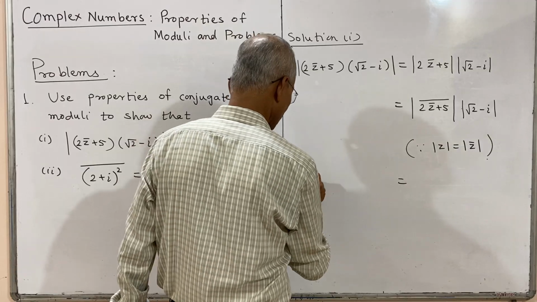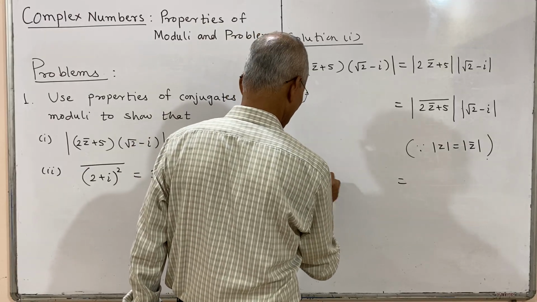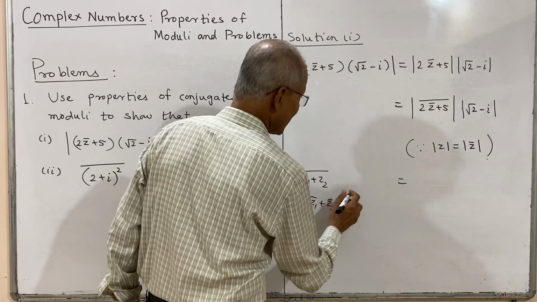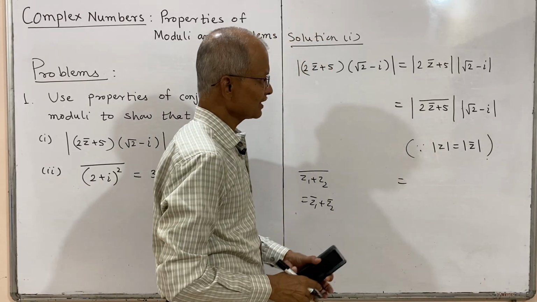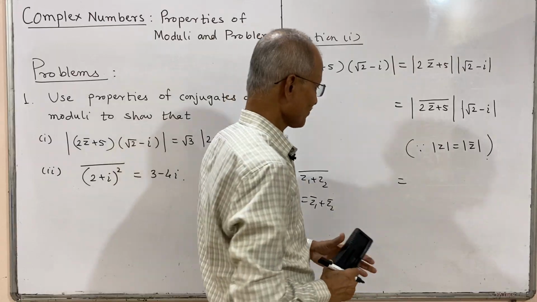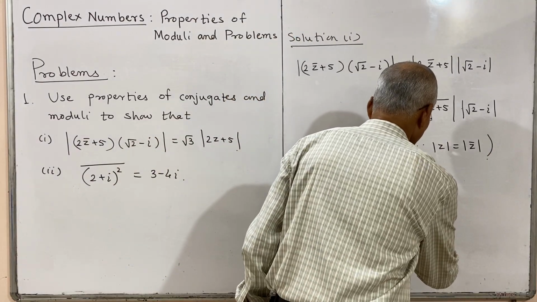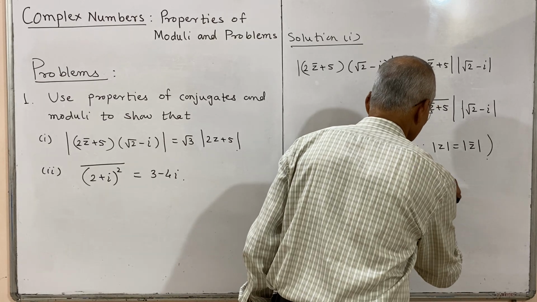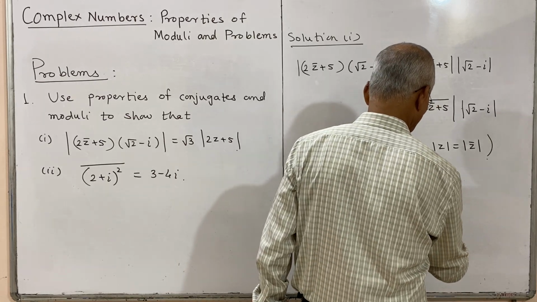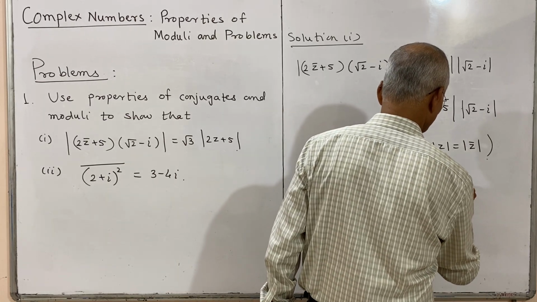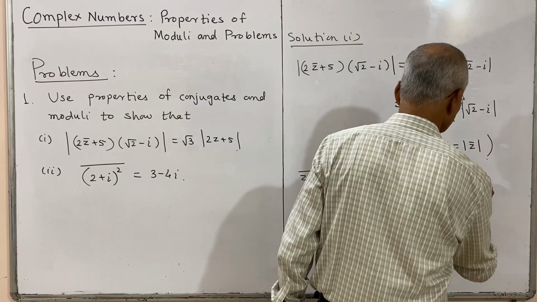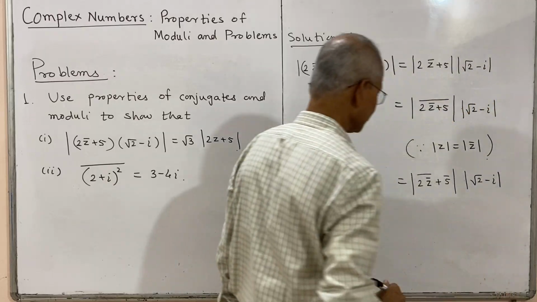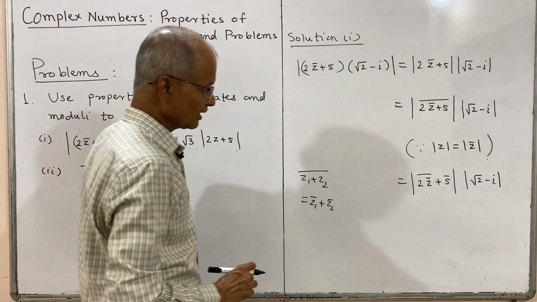Conjugate of z1 plus z2 is conjugate of z1 plus conjugate of z2, and for that we can write this as mod of conjugate of 2z bar plus conjugate of 5, and this is as it is.